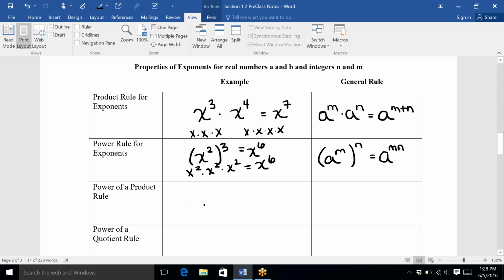This next rule is just an application of a couple things that we've already learned. So say I have something like this, 2x squared y cubed all to the, let's say, third power. As long as this is multiplication inside here, we would hope that we can just cube each part. Now we want to see if that's actually true. So we're going to write it as the inside 3 times because that's what it means to cube.